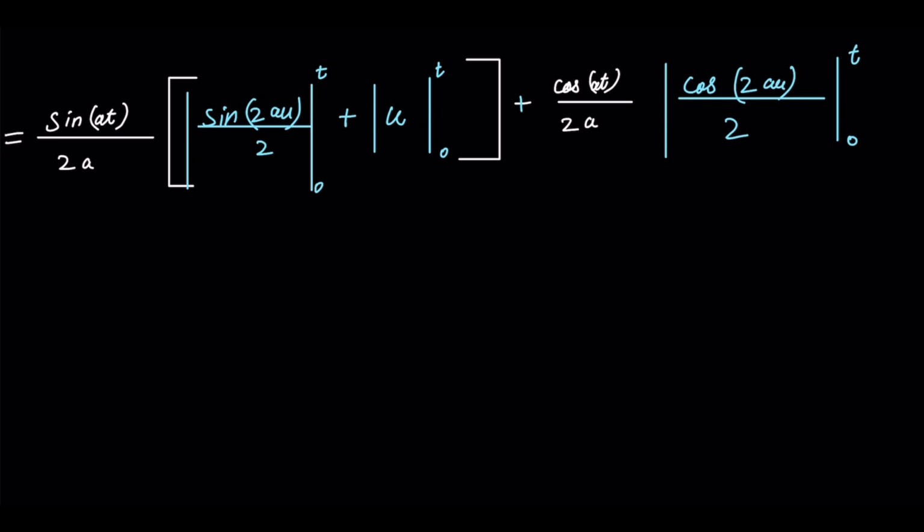Now let's apply the upper and the lower limits. When we'll be applying the lower limit over this, it becomes 0. And similarly, when we'll be applying the lower limit here, it becomes 0. However, for this one, when we'll be applying the lower limit, it becomes minus 1 divided by 2. Let's apply the limits.